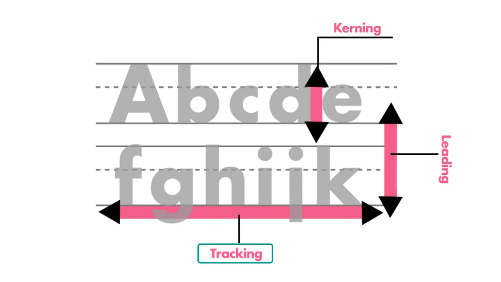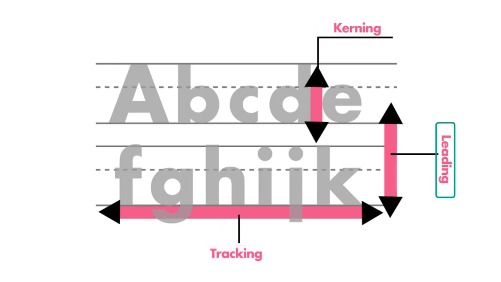So the spacing between them is the tracking. But for the kerning, it's just the spacing between the D and the E.